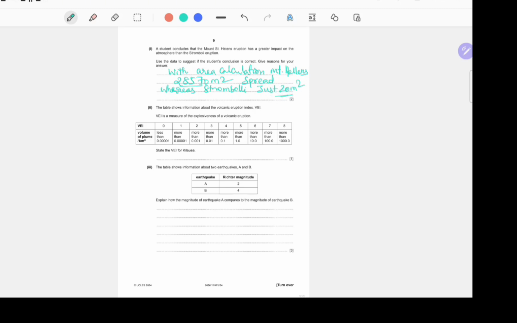Compare the area, how much it is spread. So I conclude Mount Saint Helen has the highest eruption.